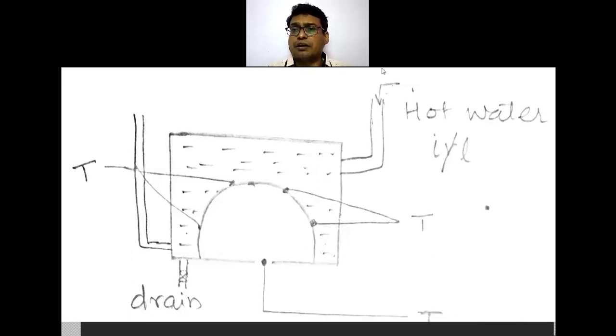From there, the hot water flows into the annulus section, where there is another vessel covering it. Inside this vessel there is a black surface.